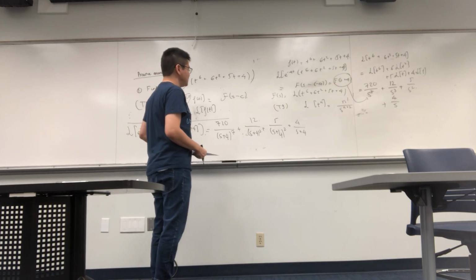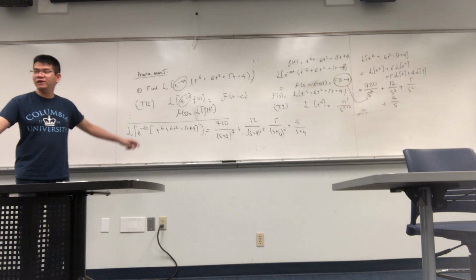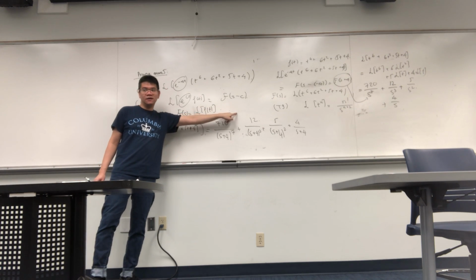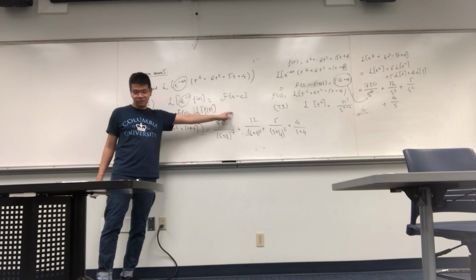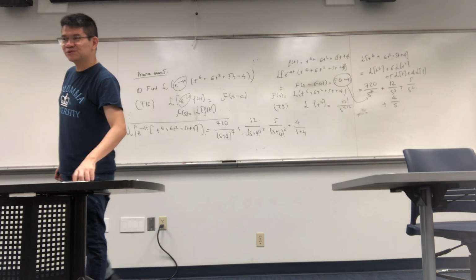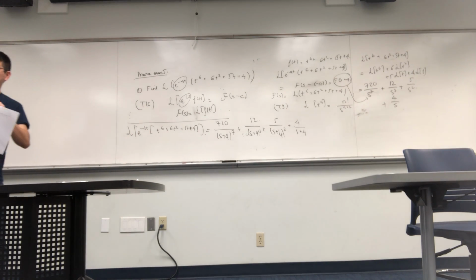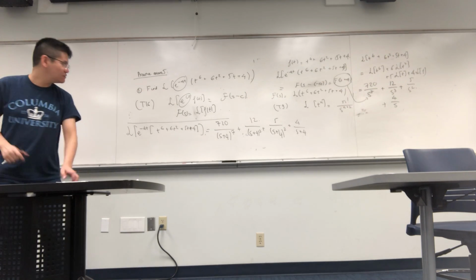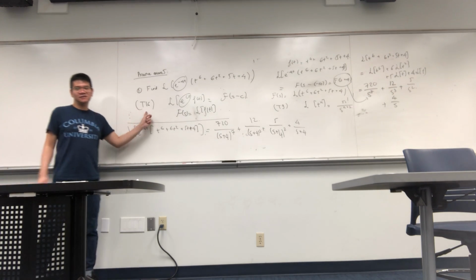Right, so basically the key here is that whenever you have an exponential, you remember to use the shifting theorem. You are supposed to remember the shifting theorem, but it is put in the table, so you don't have to remember it. You just remember that it is T16.